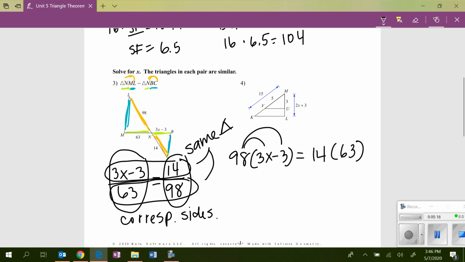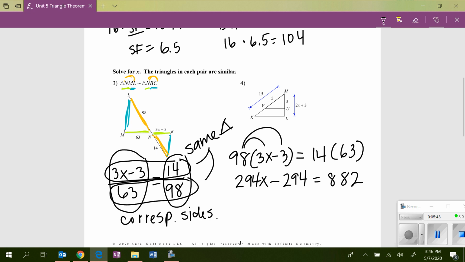So I've got 98 times 3, and that's going to be equal to 294x minus 294 equals 14 times 63 is equal to 882.